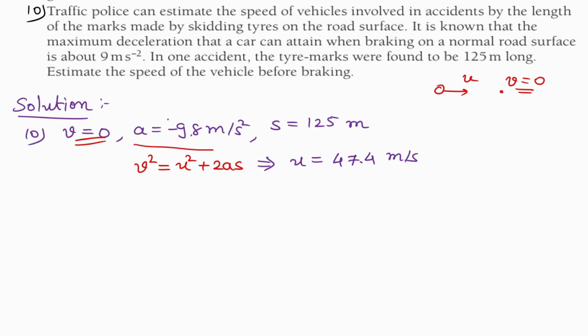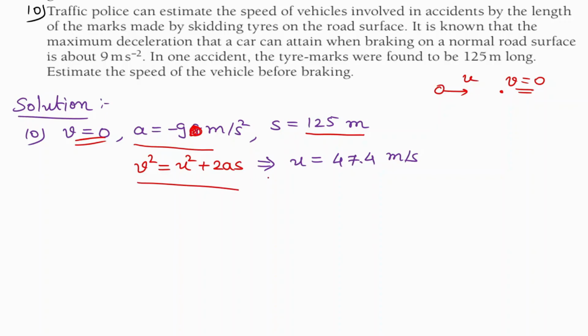So a is minus 9.8 meter per second square. Sorry, this is 9 meter per second square. Why negative? The car is going at some uniform velocity, and it is going to stop. So it is a negative acceleration. You have to apply the brake on the car. So it covers a distance before stopping. It is about 125 meters.